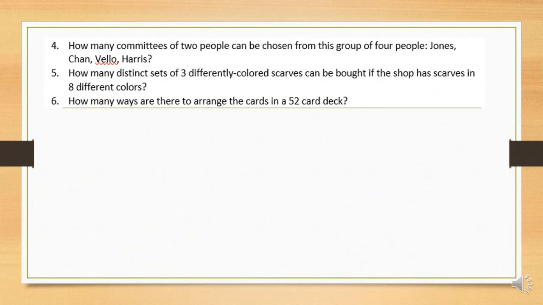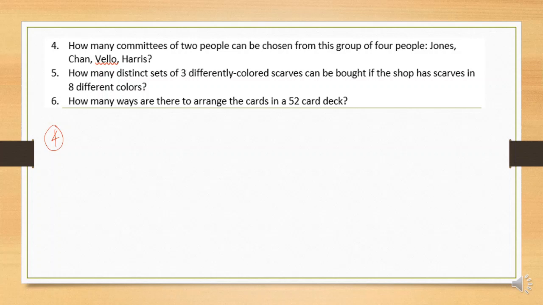Let's have number 4. So, for problems that we arrange committees, we have had an example about committees, ano? So, kapag ganito, ang ating answer is a combination problem. Kasi it doesn't matter sinong mauna mong mapili as long as meron kang nabuong committee of 2 people.